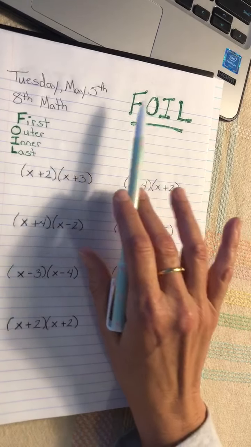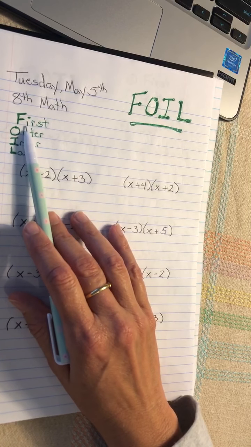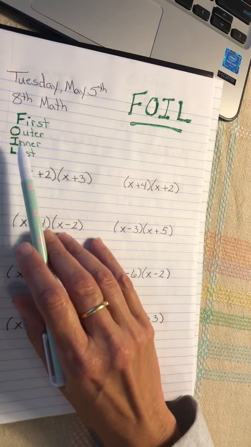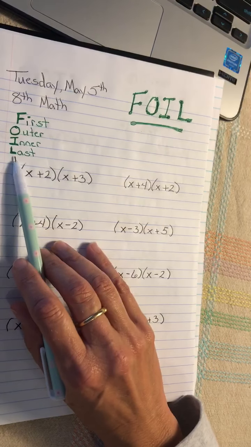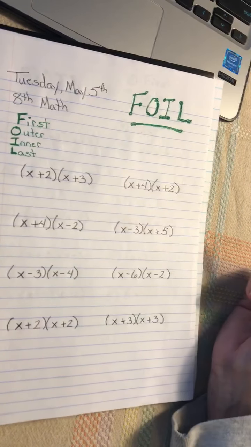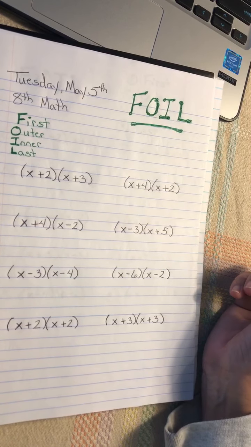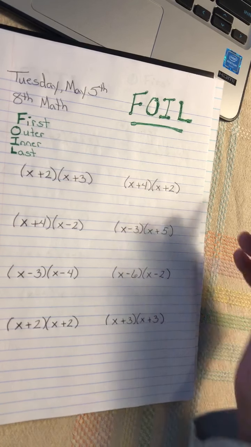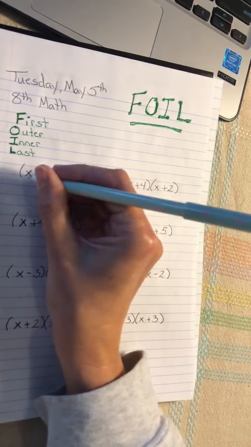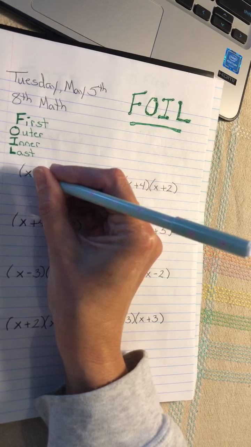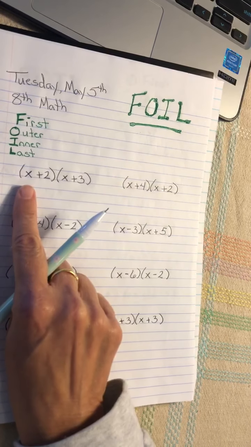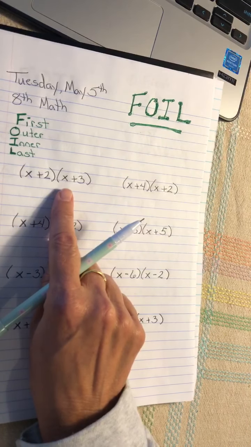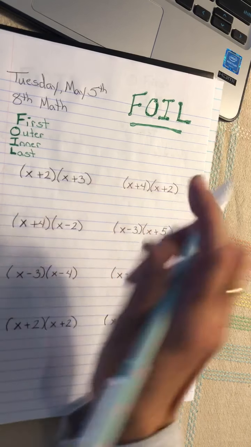Right? So FOIL stands for first, outer, inner, last. Once you get the pattern of these problems, they're kind of repetitive. First means I'm going to take the first term of this binomial times the first term of the second binomial.